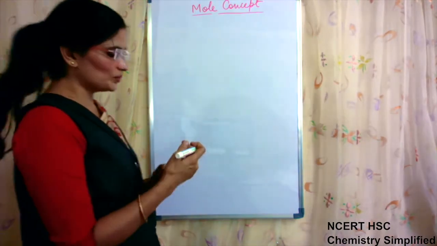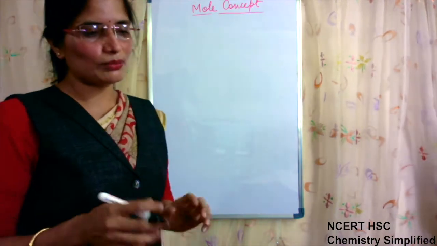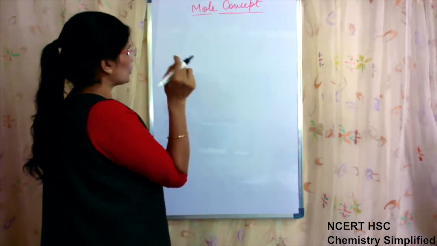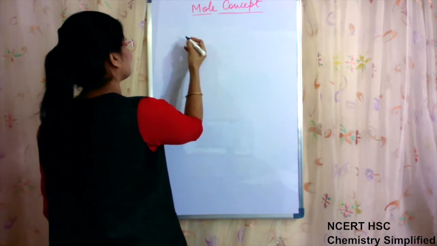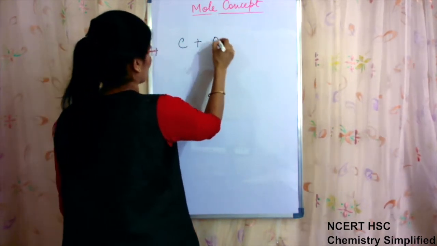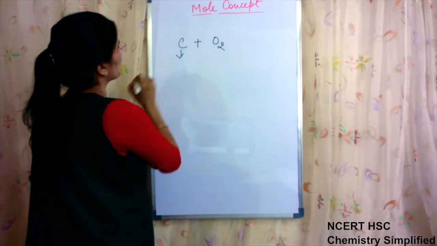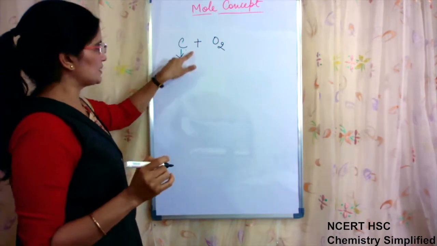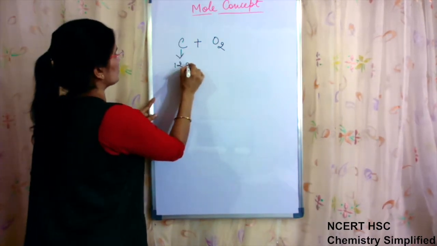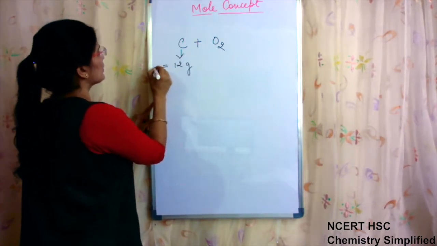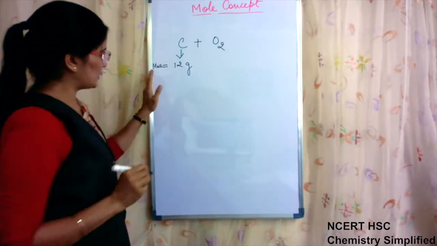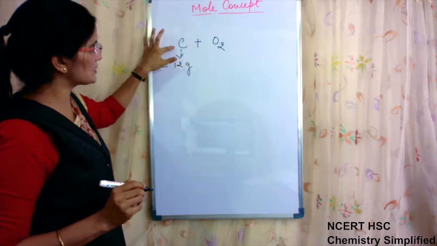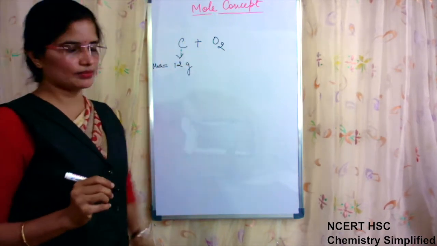Okay. So now this was the mole concept which we discussed. Now if I write any reaction, let me not change the reaction. Carbon: the weight of this carbon atom is 12 grams. If in terms of mass I talk about this carbon atom, it is 12 grams.